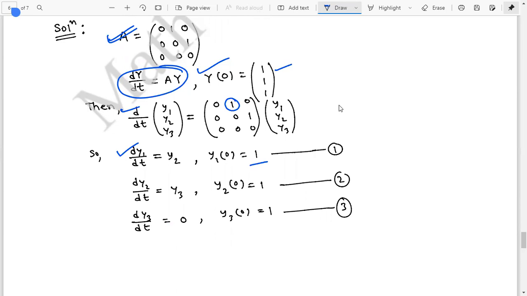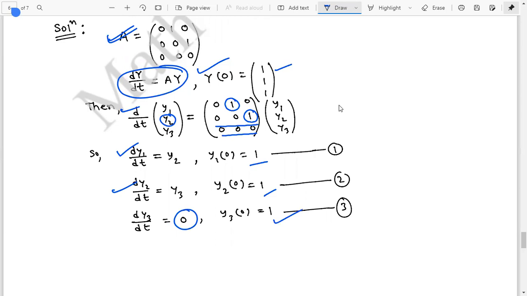Second, dy2/dt equals y3, and the condition is y2(0) equals 1. And dy3/dt equals 0, because there is no non-zero term in the third row, and the condition is y3(0) equals 1.